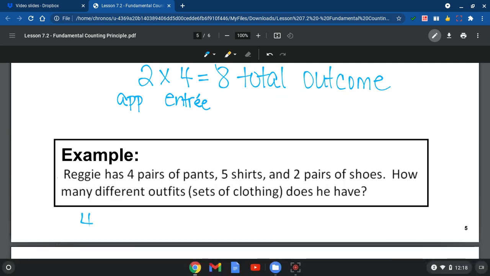We can multiply 4 times 5 because for each pair of pants, there are 5 possible shirts, giving us a total of 20. And then for each of those 20 outfits, there are 2 pairs of shoes to choose from. Therefore, there are a total of 40 outfits that Reggie has to choose from.